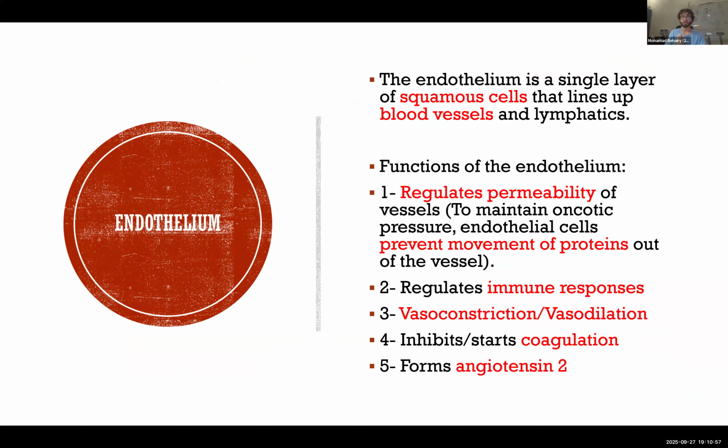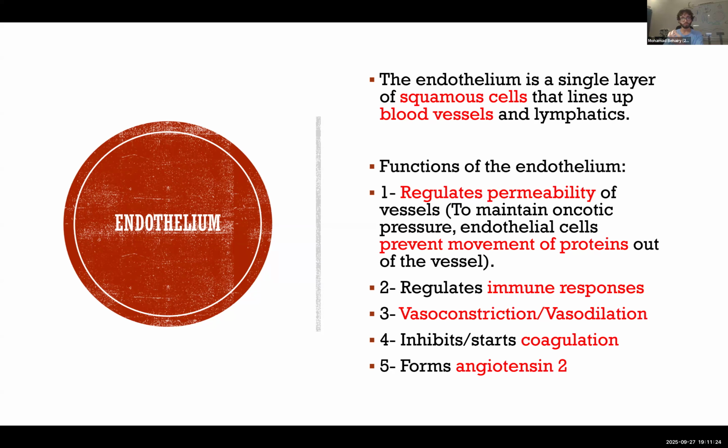And one important thing regarding permeability that I want you guys to remember is that it is selective in a way where it prevents proteins from leaving the vessel. Any proteins that are found in this blood vessel, let's say in a red blood cell, will not be allowed to leave. Well, there is one major reason. Proteins in the body are like magnets. They attract water, they attract ions. In the blood vessel, we need these ions, we need this water.